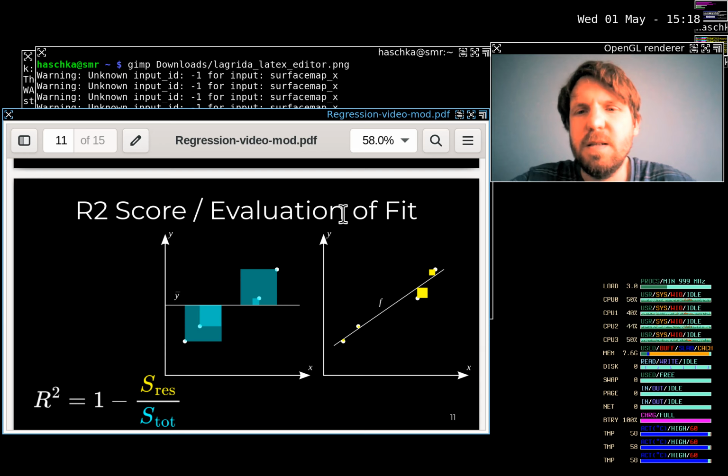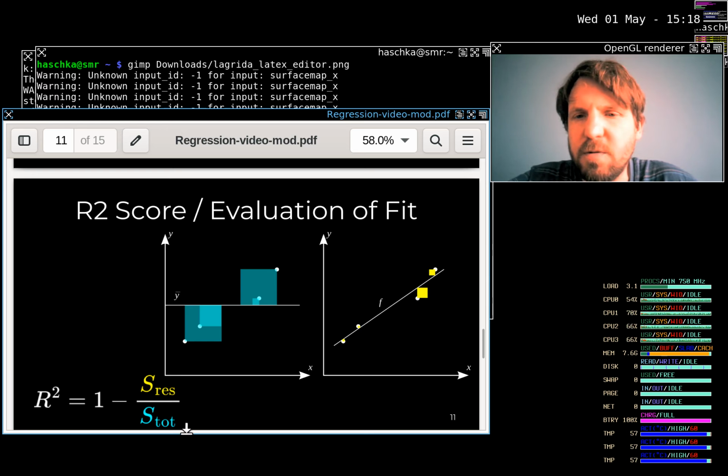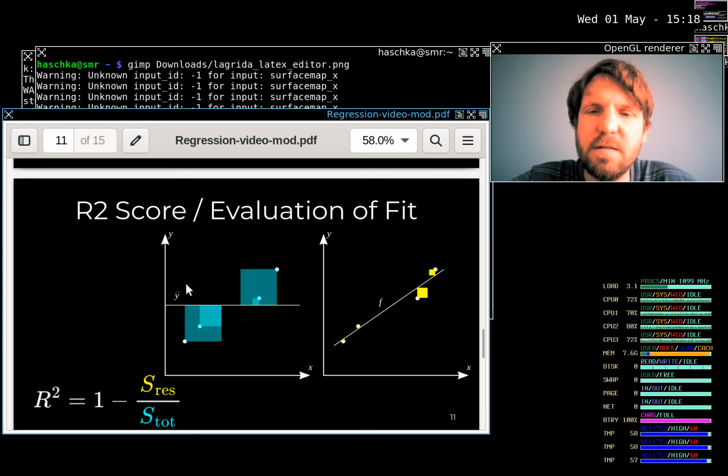If you have your data points, of course this can be hyperdimensional, it doesn't have to be just two-dimensional, then it would look a bit different, but basically I take the mean of these values, and then I get this line, which is just the mean value of all the points that I have.